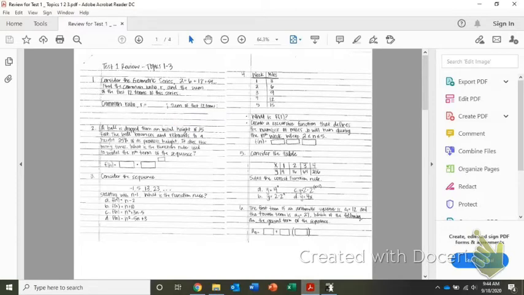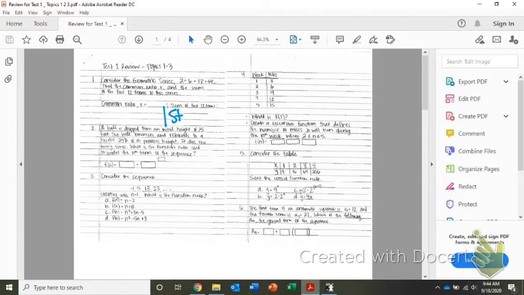Number 2. A ball is dropped from an initial height of 15 feet. Remember, initial height tells us the first term. The ball bounces and rebounds to a height of 25% of its previous height. It does this many times. What is the function rule used to model the nth term of the sequence?